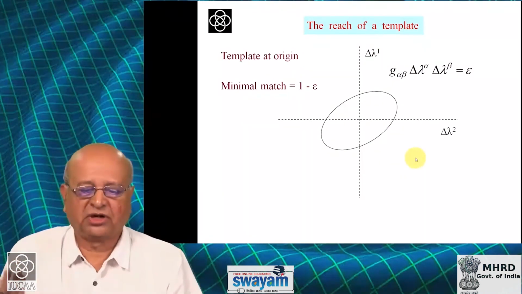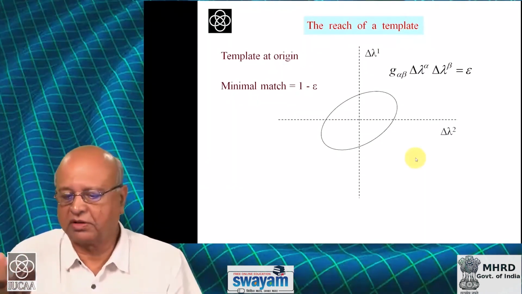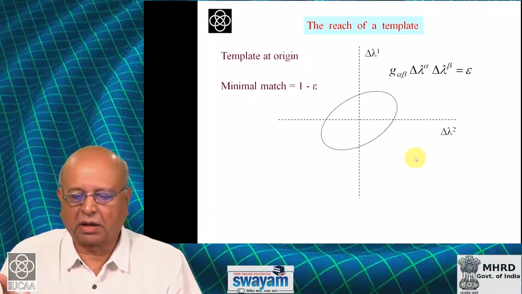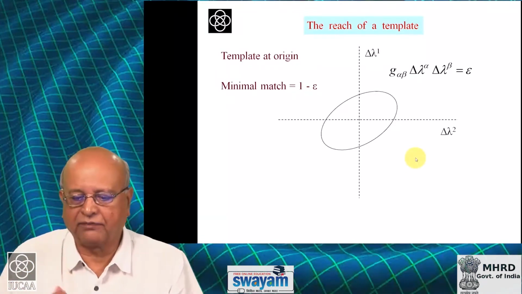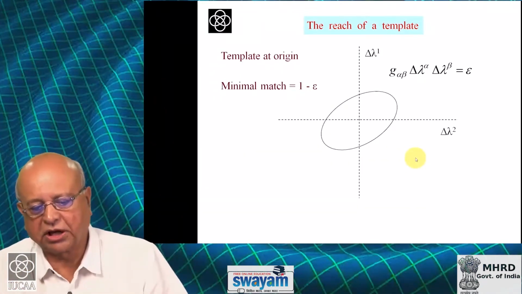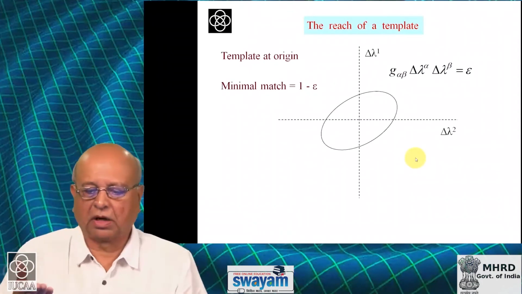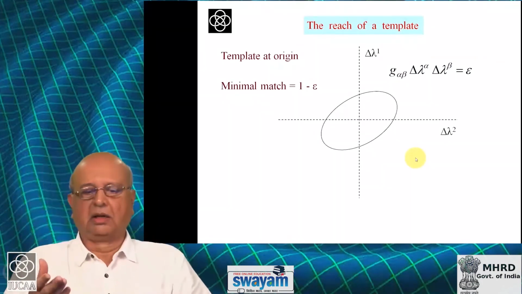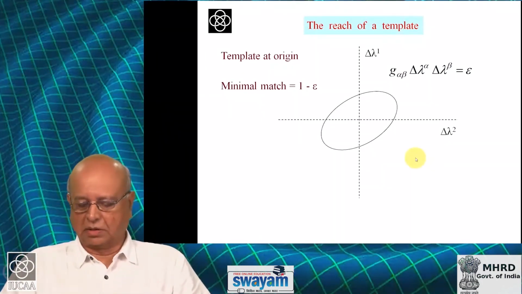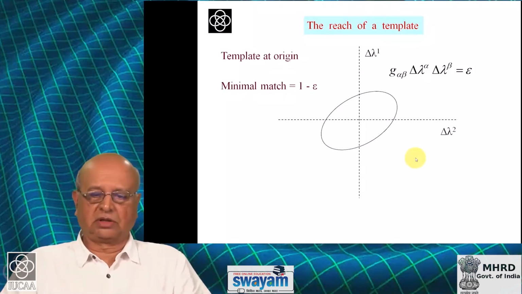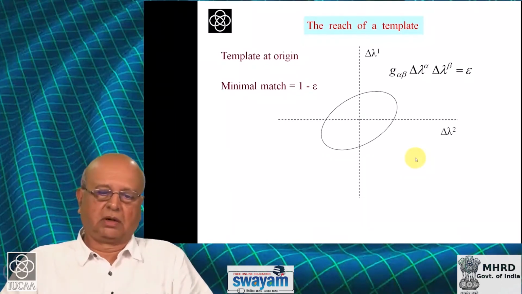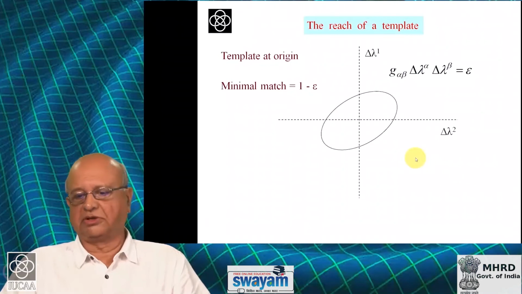In a higher dimensional space, it will be an ellipsoid, hyperellipsoid or something like that. You can write it in terms of a metric or a quadratic form which looks like this: g alpha beta delta lambda alpha delta lambda beta equals epsilon. This is a quadratic form, and that gives you an ellipsoid in 3 dimensions, ellipse in 2 dimensions, or hyperellipsoid in higher dimensions.